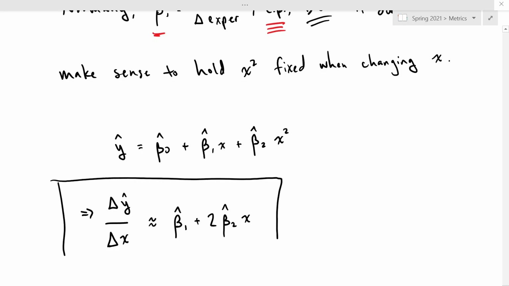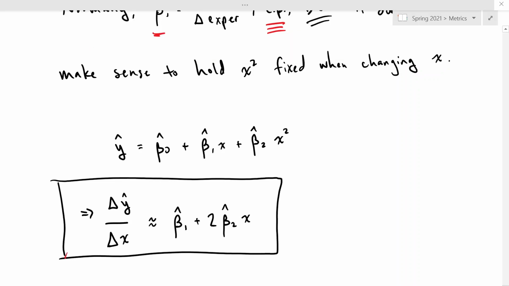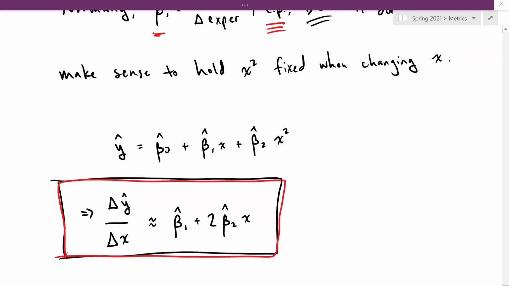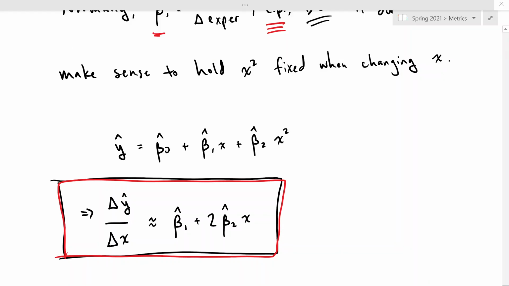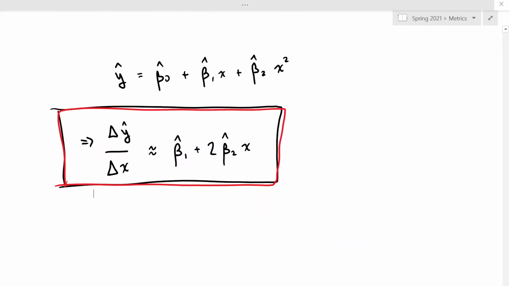This little formula is quite important in terms of interpreting that marginal effect, the marginal change in y with respect to a marginal change in x. This formula here is telling us how we can interpret that when we estimate a beta 1 and 2.